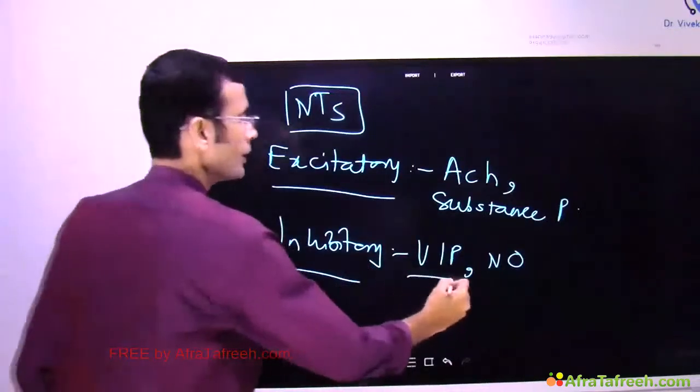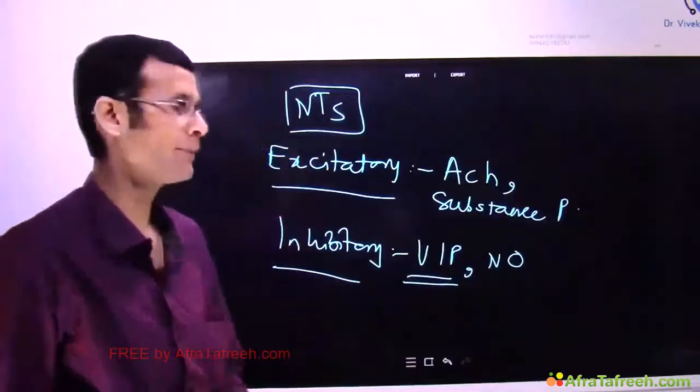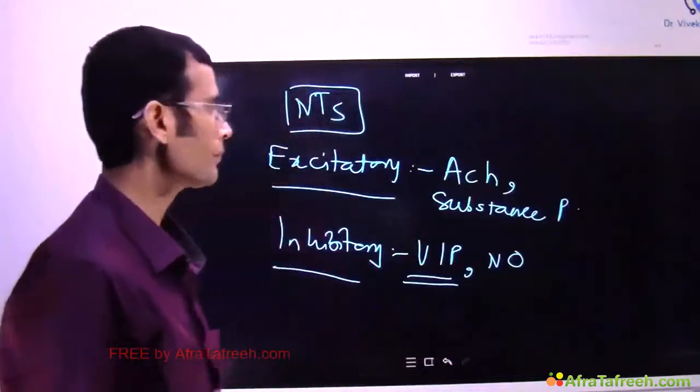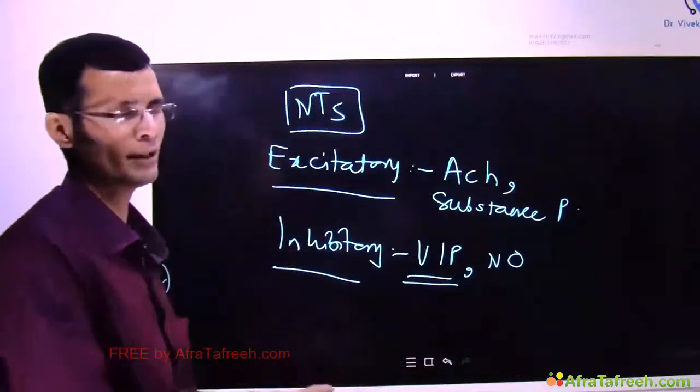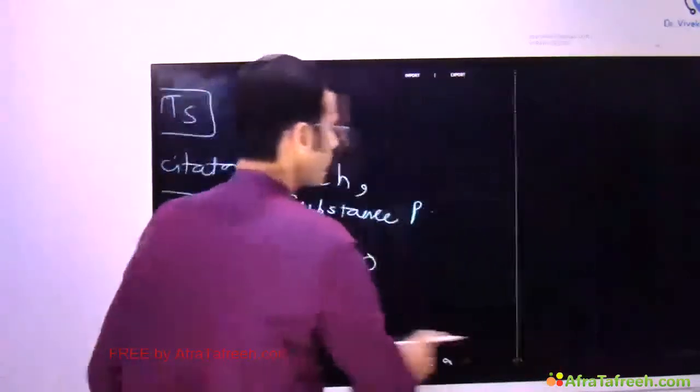VIP inhibits the motility. In that sense, it is the inhibitory neurotransmitter, but it stimulates some of the secretions. But it is by and large the commonest inhibitory transmitter in the ENS.